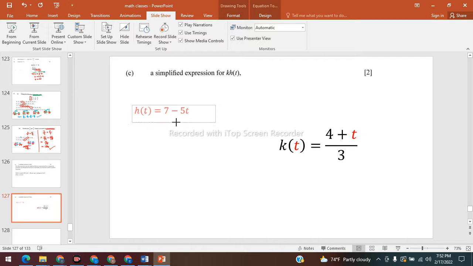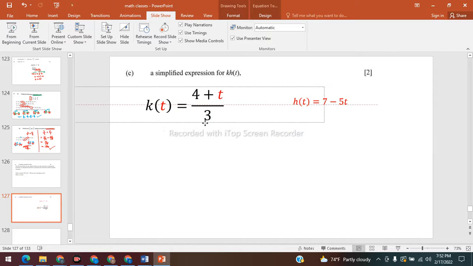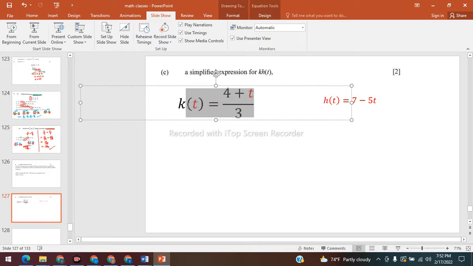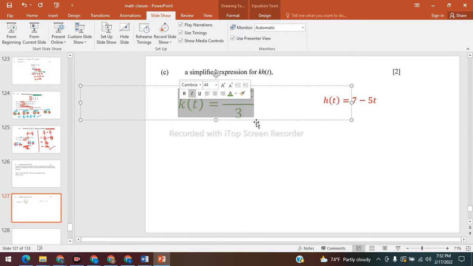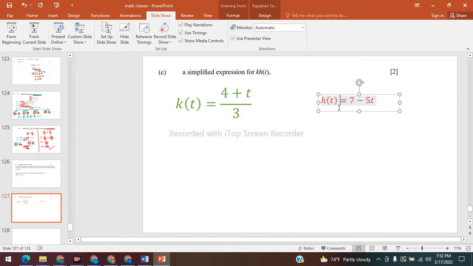So we have these two functions. One is the parent function, and the other one is the baby function. One is within the other. The parent function is definitely k of t. The baby function is definitely h of t. And so we're going to place h of t within this function where this t is. We're going to place h of t.